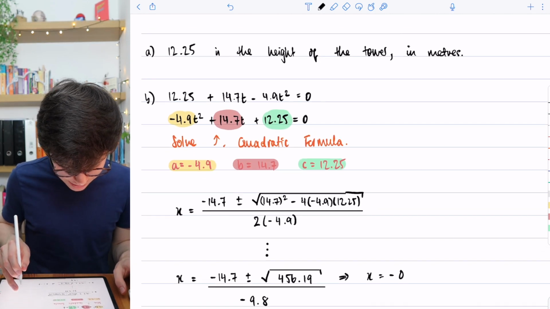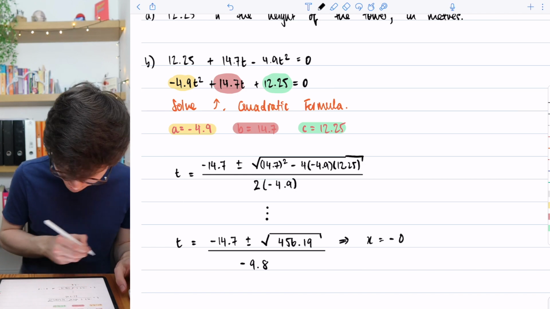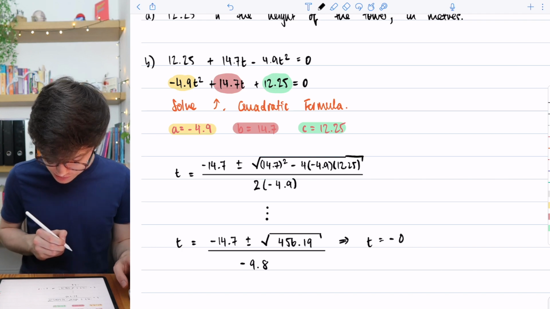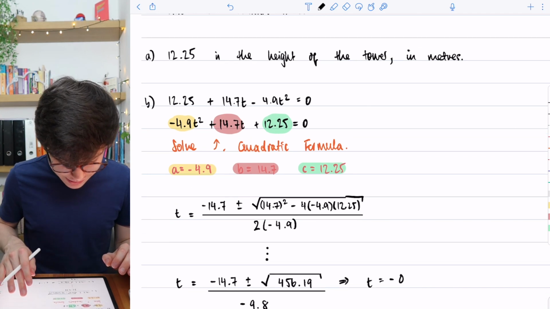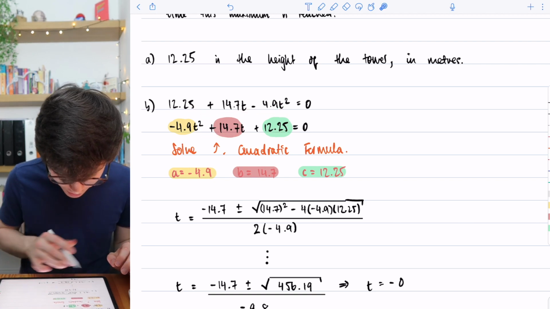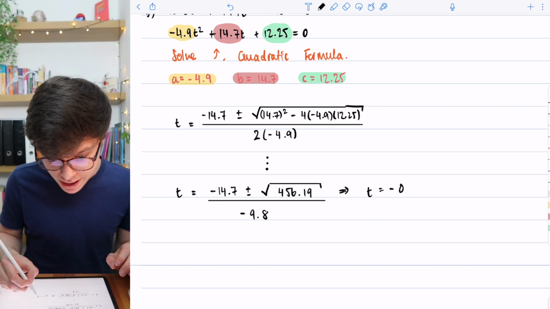Oh, and actually it's t here, isn't it? So I'm just going to change that to t. That's just out of habit. Okay, so t is equal to. And the reason it's t is because of those there.